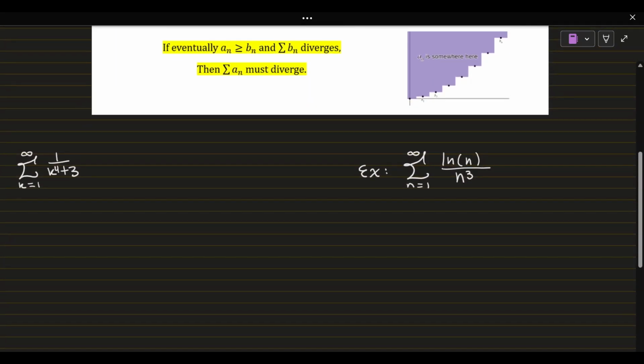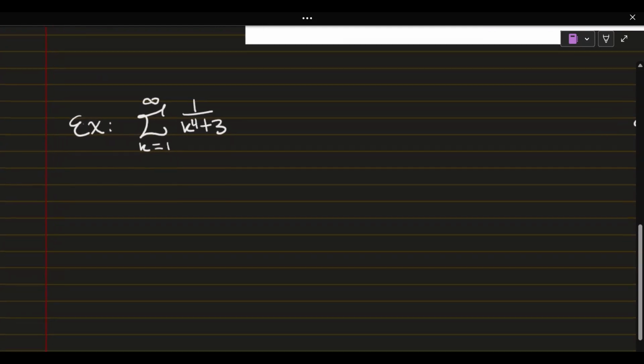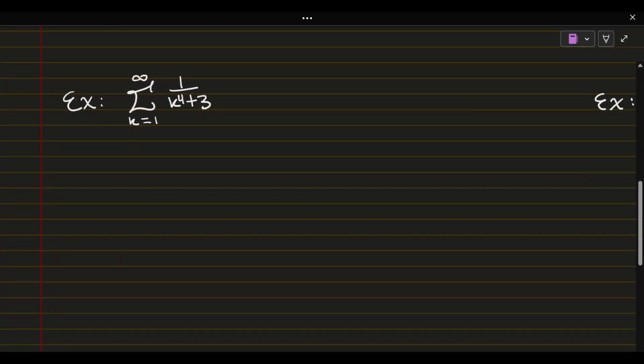All right, so let's look at some examples. I have the sum of 1 over k to the fourth plus 3. I don't like this sum, because I don't know exactly how to determine convergence of it, but I noticed that it looks like the sum from k equals 1 to infinity of 1 over k to the fourth.